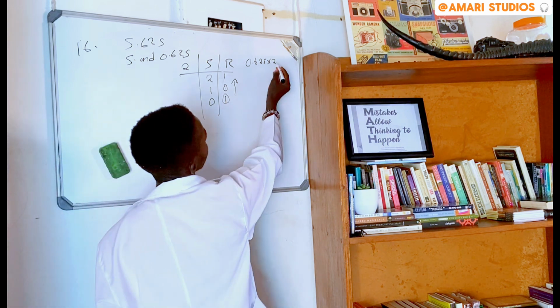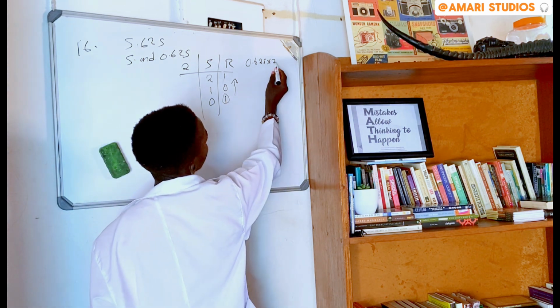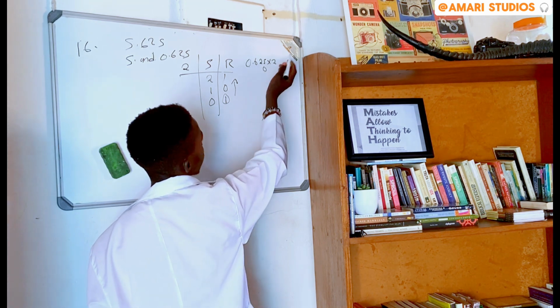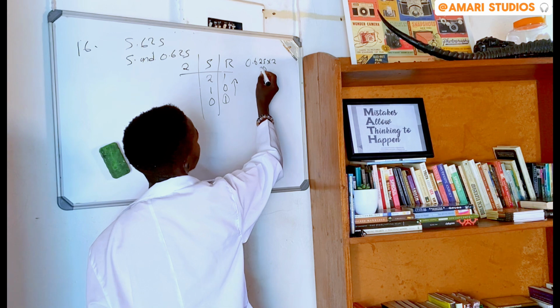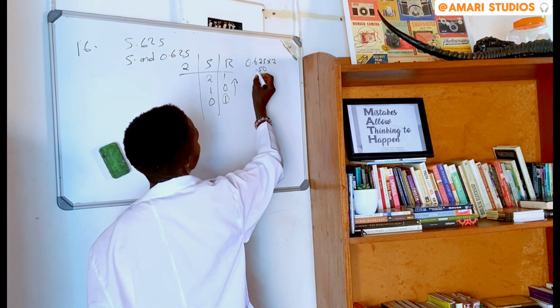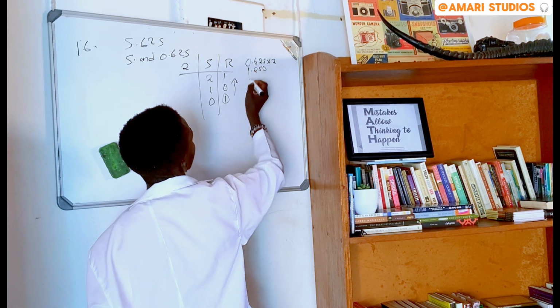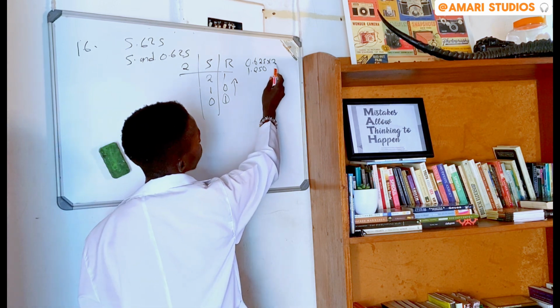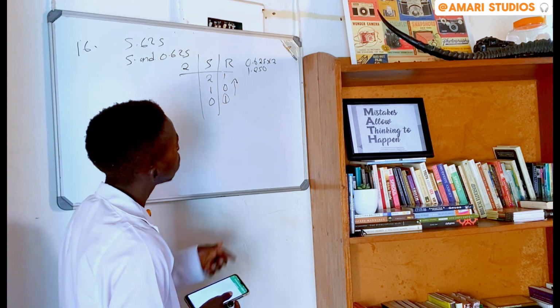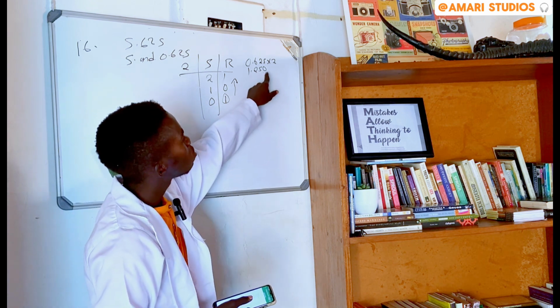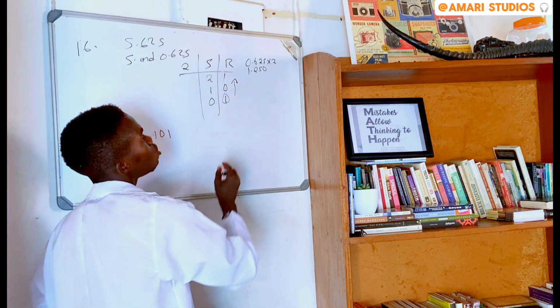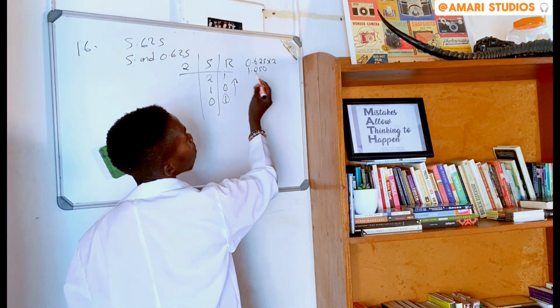Let's see what is going to happen. 2 multiplied by 5 is 10, that's a 0 carry 1. 2 multiplied by 2 is 4, plus 1, that is 5. Then this will give us 1.250. So after multiplying 0.625 by 2, we have gotten 1.250 as our answer.